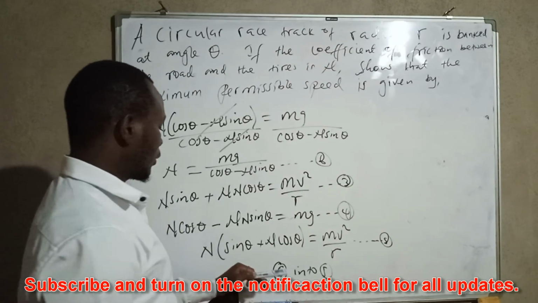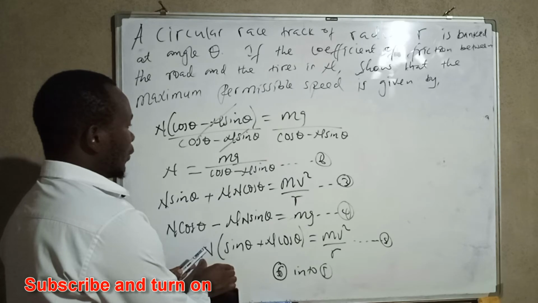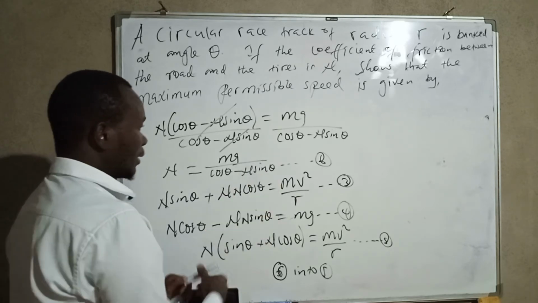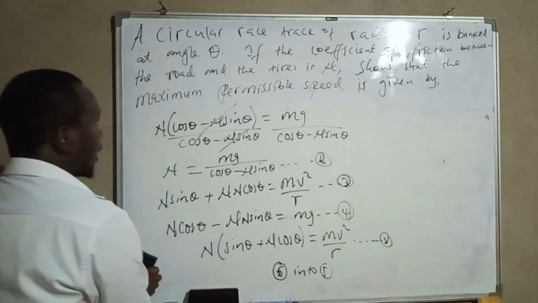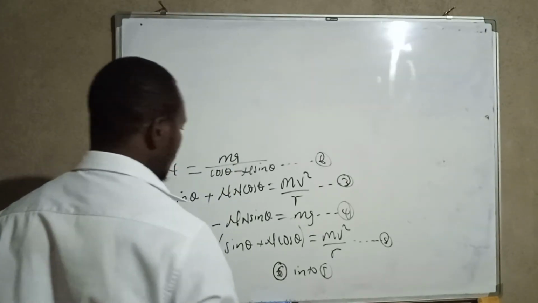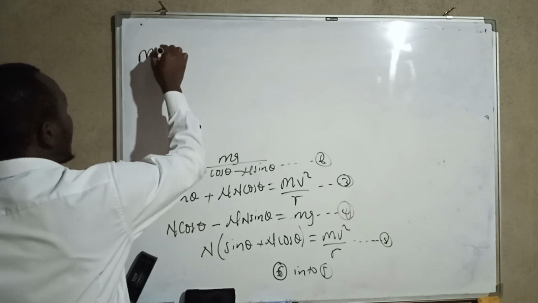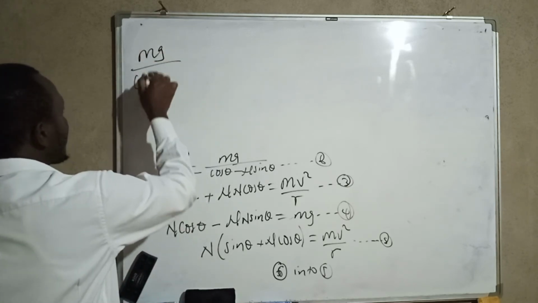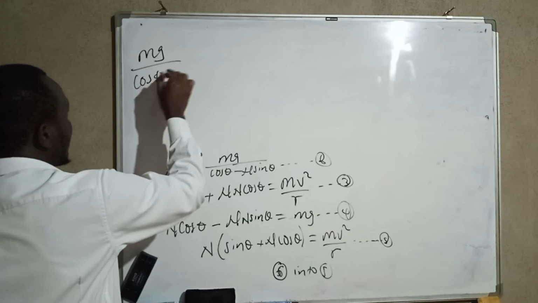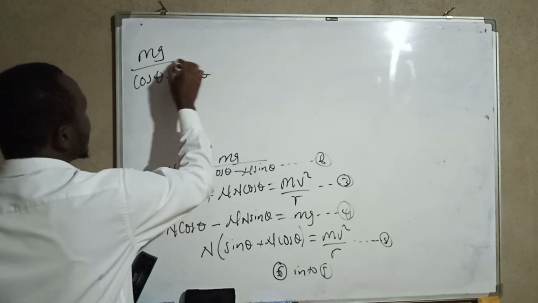Putting 5 into 6, where there is N, we are going to replace it with this one. So here, let me erase the top part. We have, so N, we put mg over cos theta minus mu sin theta.